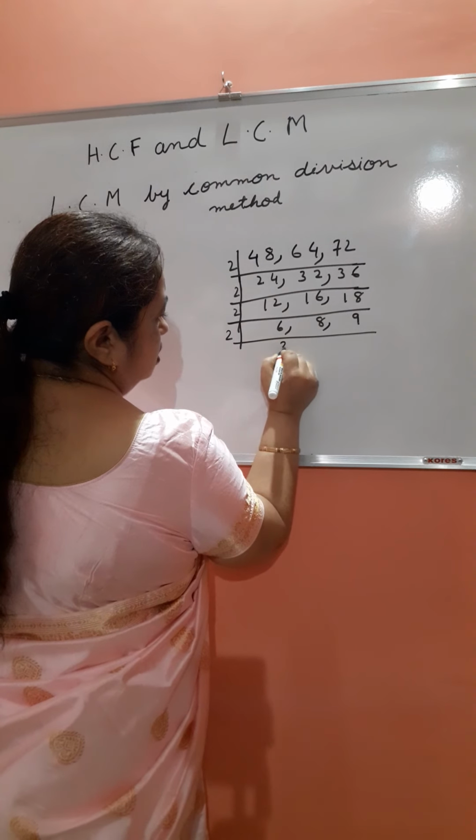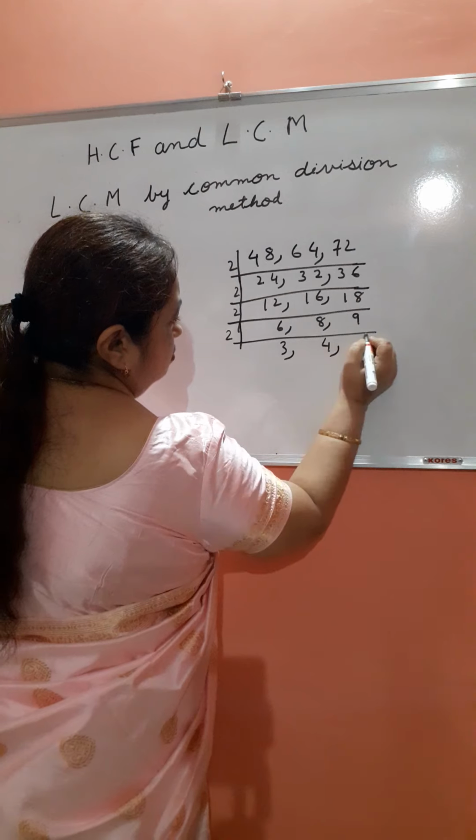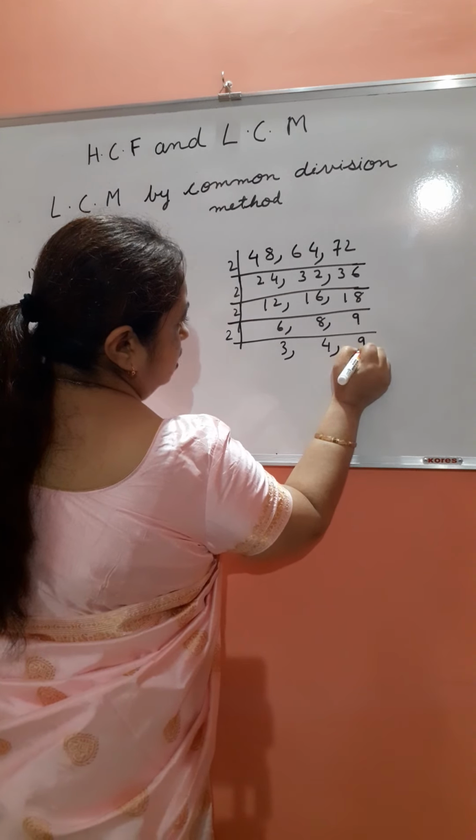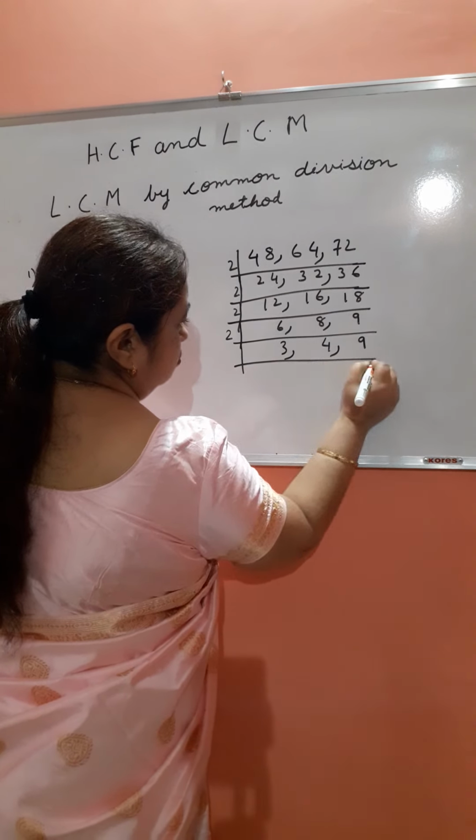Again 2 3s are 6, 2 4s are 8, again 9, then again 2 will be here.